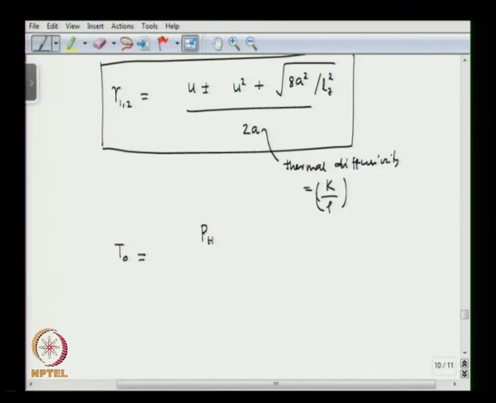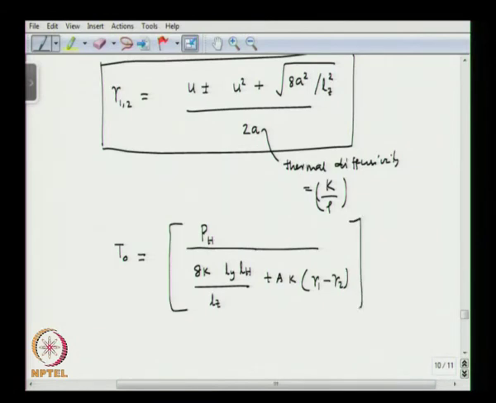This is the heater power divided by 8 K Ly into (LH divided by Lz plus A into K into (gamma 1 minus gamma 2)). So, this is the expression for the temperature T0, okay, and this area of cross section is going to be Ly into Lz. Everything else is defined here.